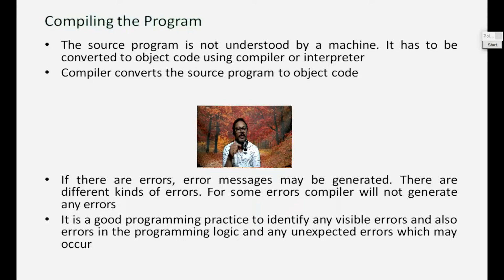But if you continue to do it incrementally, then it's easy. Sometimes if you correct one error, five or six other errors may vanish. You will learn this by practice, but try to identify the errors.